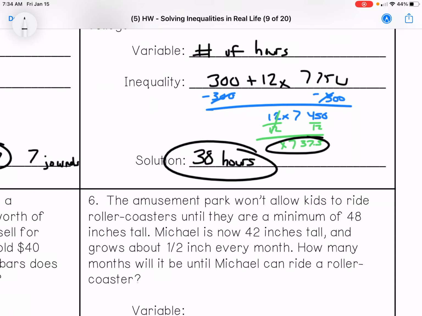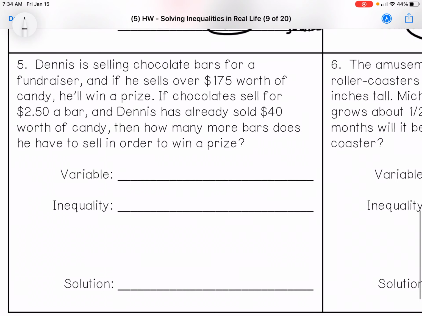All right, moving on. Dennis is selling chocolate bars for a fundraiser. If he sells over $175 worth of candy, he'll win a prize. If chocolate sells for $2.50 a bar, and Dennis already has $40 worth of candy, then how many more bars does he have to sell in order to win a prize?